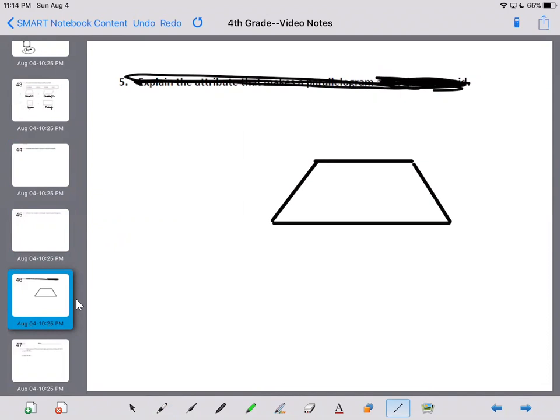And when we think about a special quadrilateral, a trapezoid can be and is a special quadrilateral because it has 1 pair of parallel sides. And we could even call this an isosceles trapezoid.